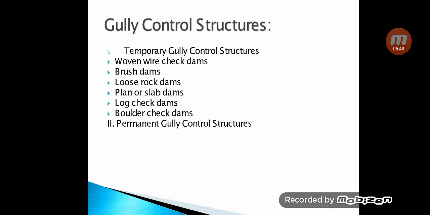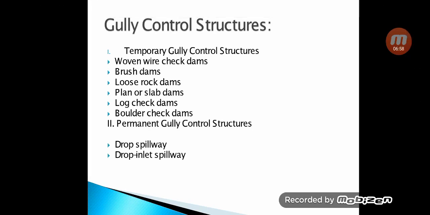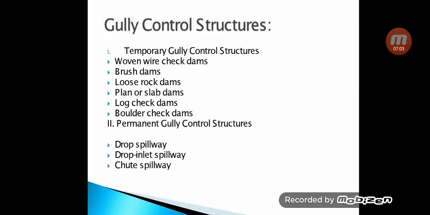Second are the permanent gully control structures, which are the drop spillway, drop inlet spillway, and third the chute spillway, and last the permanent earth check dam.